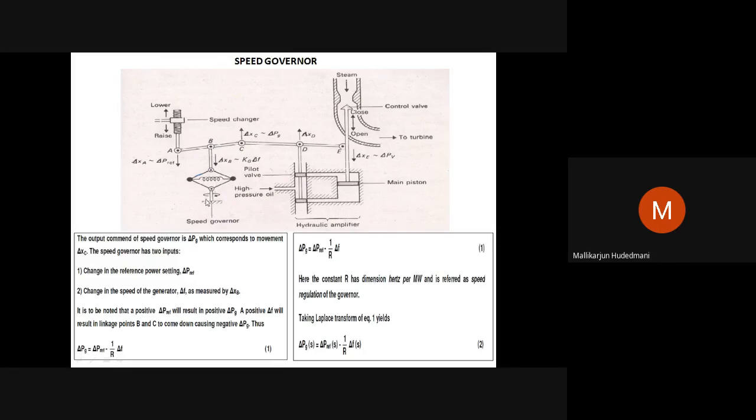Then when the speed of this governor mechanism, our actual RPM, is very slow, definitely this spring mechanism contracts towards the center and this mechanism is pulled upward. B point is pulled upward.